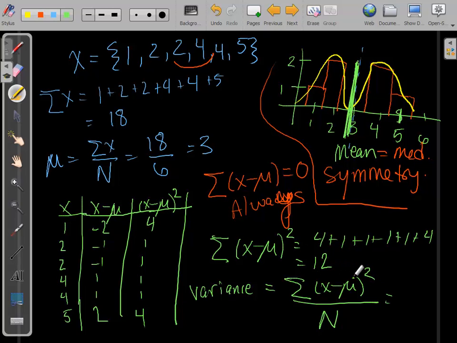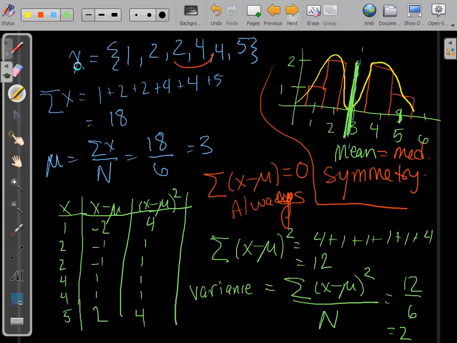Here we're taking the sum of a particular style of observation that we've transformed, and then again dividing by the number we have. That's why the variance is said to be the mean of the squared deviations. So it really is the average. Here we have 12 over 6, so 2. All right, so if we think about this, let's maybe go to a new page.